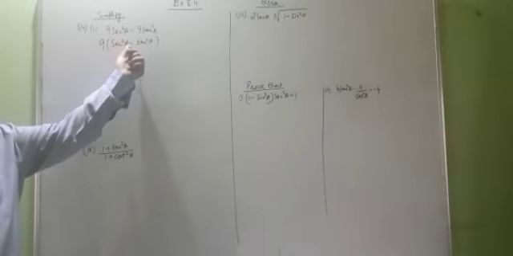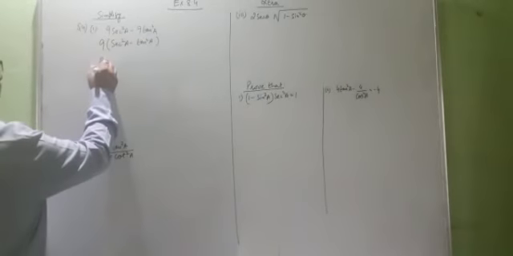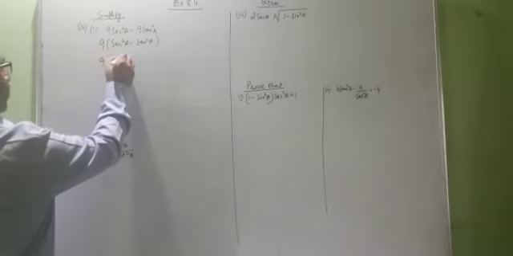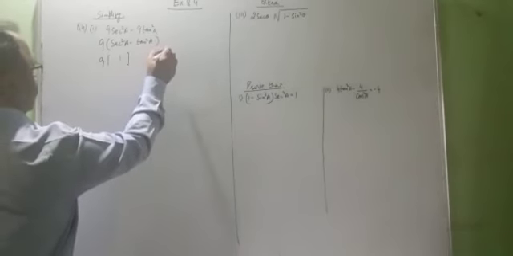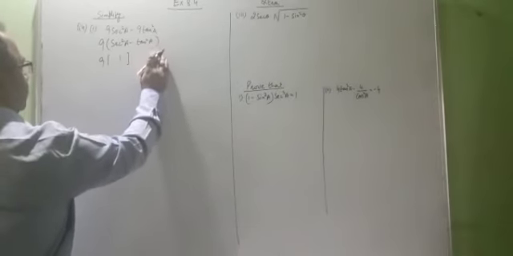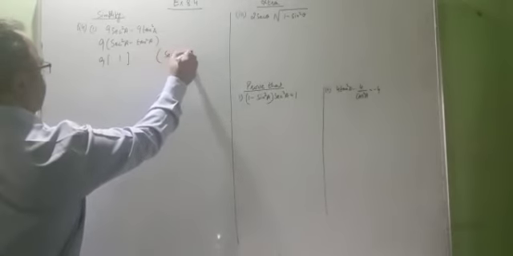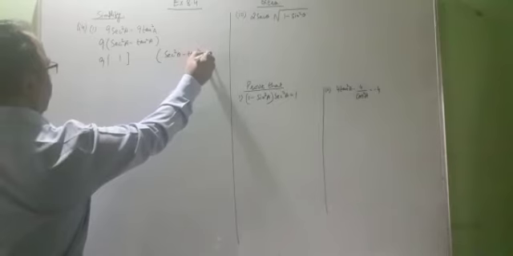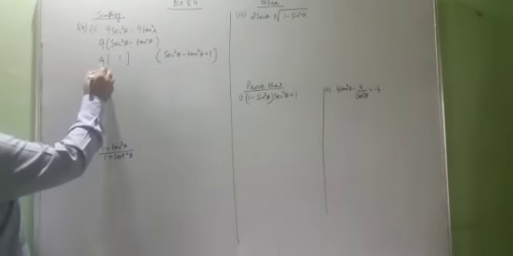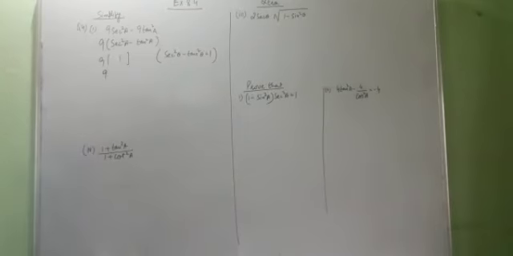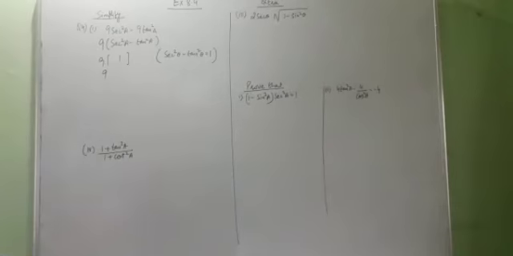Secant square minus tan square A equal to 1, so you can write it as 1. In brackets you can write down the reason: secant square theta minus tan square theta equal to 1. So your answer is 9. These types of questions you can get as MCQs, 1 mark questions.